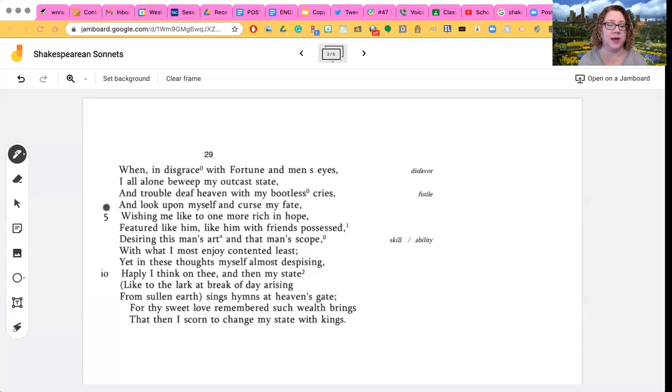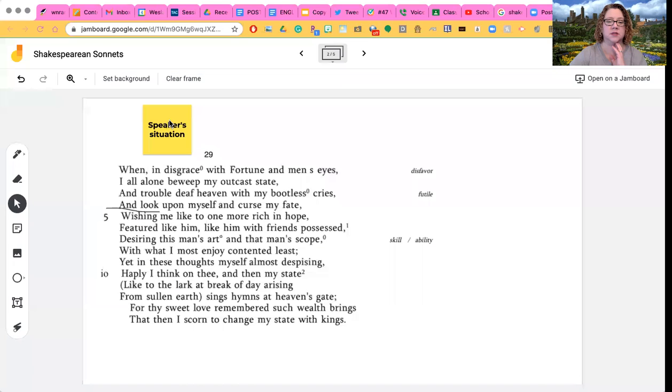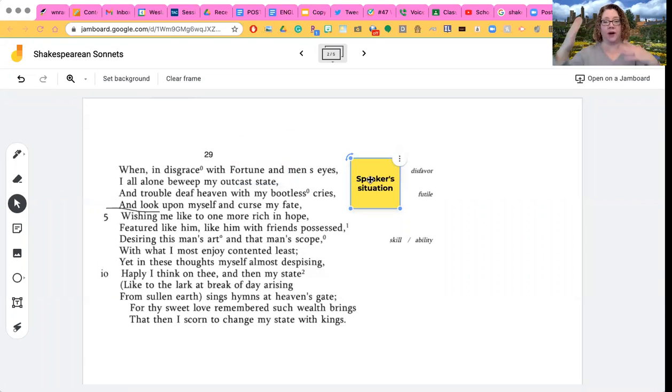In this case, we have the first quatrain setting the speaker's situation, is what we call it. In other words, what is the speaker's environment, what's his problem, what's he going to be writing about.